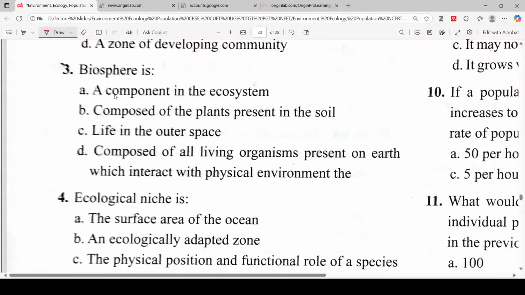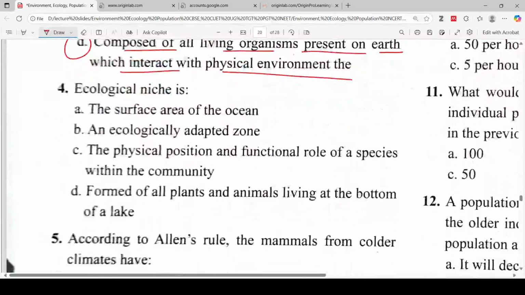Biosphere is option D, composed of all living organisms present on the earth which interact with the physical environment. Ecological niche, the surface area of ocean. Ecological adapted zone, a physical position and functional role of a species within the community. So the correct answer is option C.